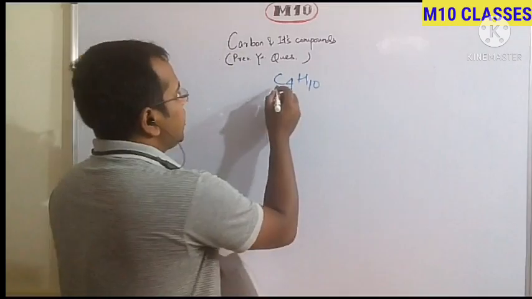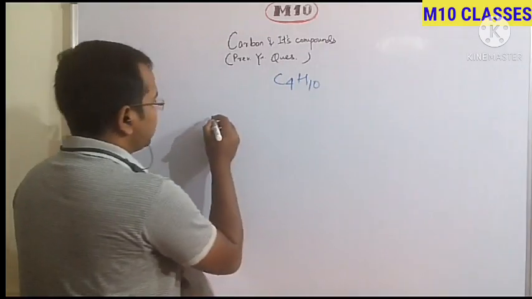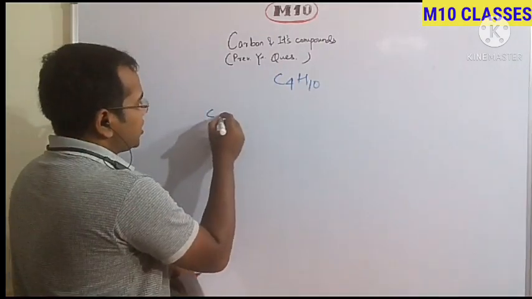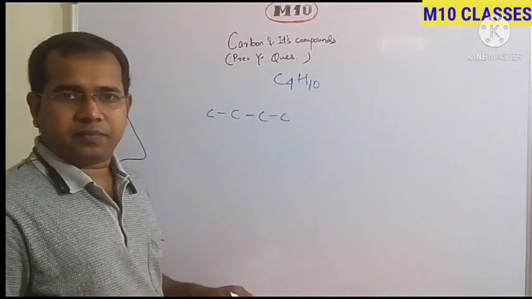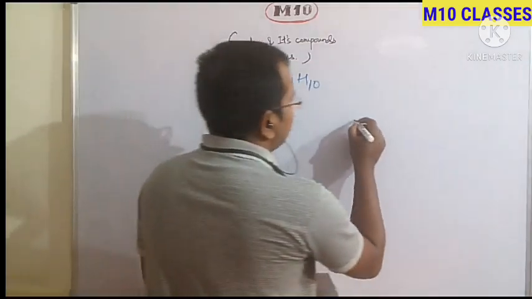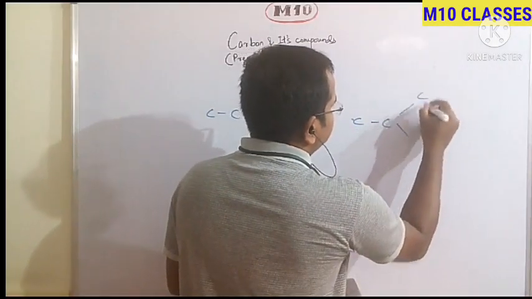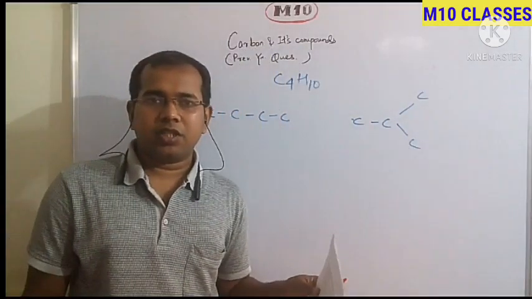If there are 4 carbons, how can we arrange them? We have to first draw the skeletal structure. If there are 4 carbons, they can be arranged like this, or these structures can be arranged like this. These are the 2 isomers.